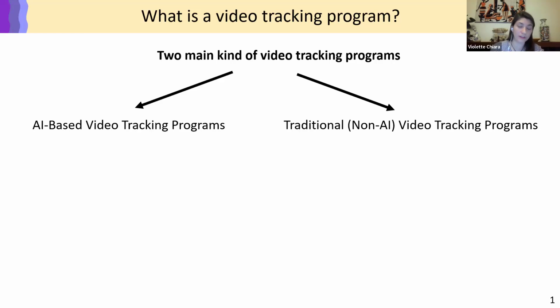I make the comparison because right now there is a big fashion for artificial intelligence-based models. And it's completely normal because artificial intelligence-based tracking programs are much better. Let's be honest, they are much more flexible in the sense that they will be able to track animals even if there are strong changes in luminosity, even if there are changes in the shape. They are able to manage occlusion, so they are very good.